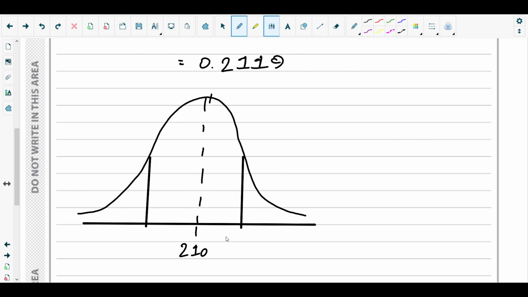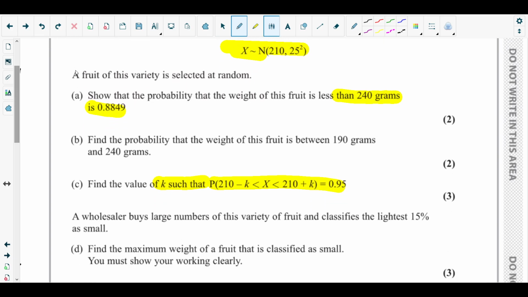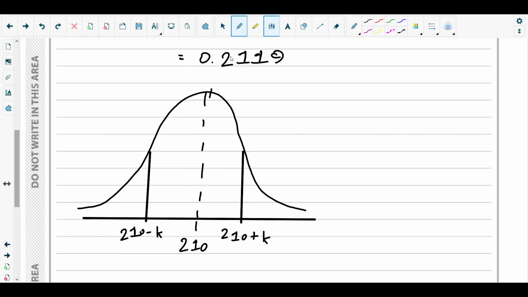So this probability is given as how much? 0.95. That means the area under the bell curve shows us the probability.